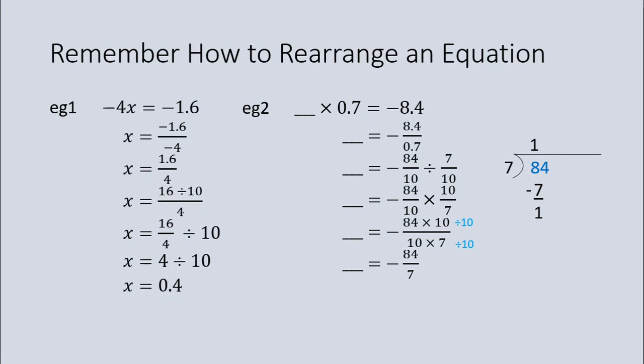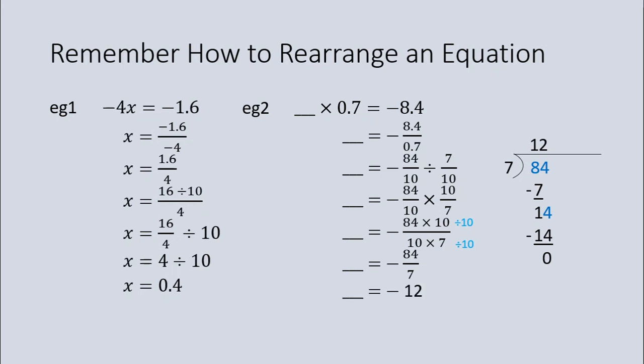We need to bring down the 4. 7 into 14, so we're dividing again, is 2. Next we're on to multiply. 2 times 7 is 14, and then subtract, and you'll see that we've got no remainder, nothing left to bring down. We are done. Our answer is 12. Now our answer is negative of 84 divided by 7, so our answer is negative 12.